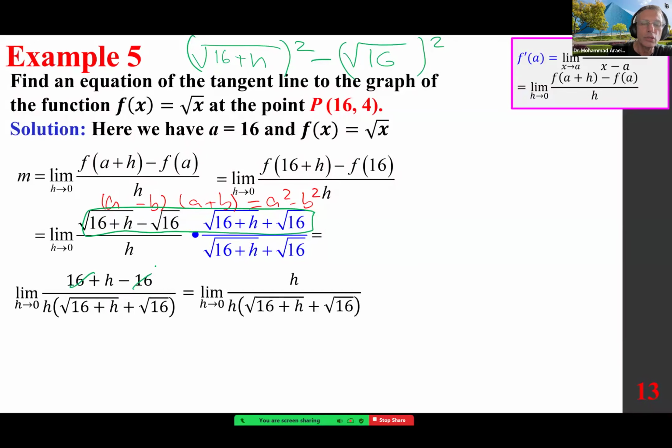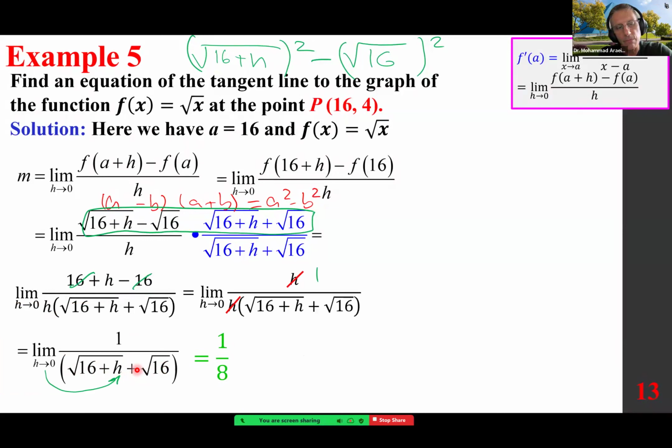And the numerator has h, which can be dropped from the top and the bottom. And now this, if I replace the h with 0, square root of 16, this is 4, so is this one. They add up to 8, so the slope is 1 over 8.